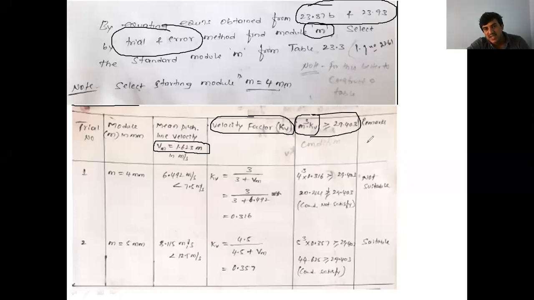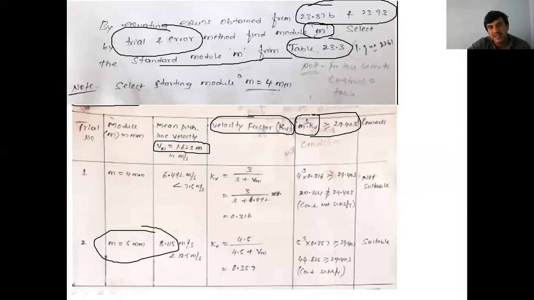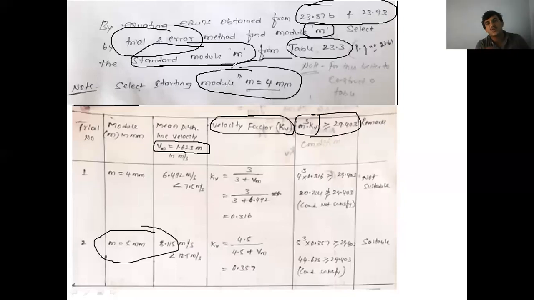If the condition is satisfied, then we select that module. How do we select the module? Again, refer to the standard module table 23.3, page number 23.61. By referring to that table, select the standard module. Always start by considering module m equal to 4 mm.